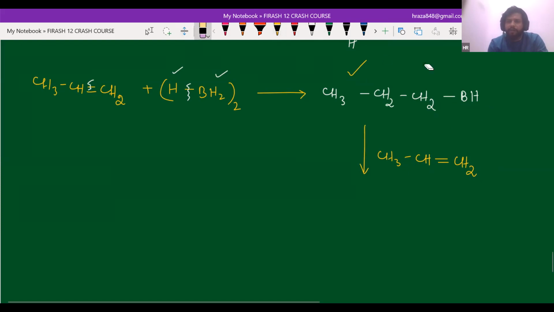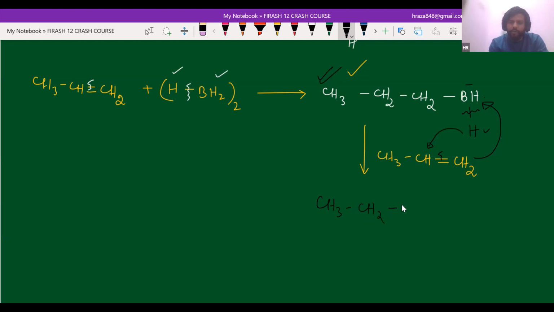I'm going to write this BH2 as BH and H. Again, one of the bonds will be broken. This part is positive, so it will come here, and this part is negative, so it will attach with this. So I'm going to write this part first. Concentrate here.